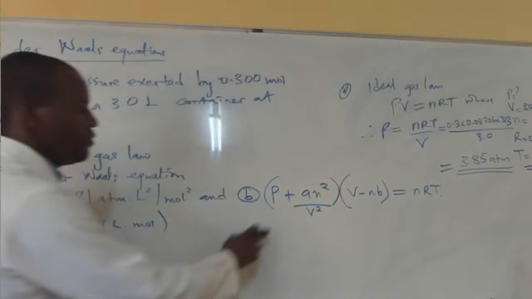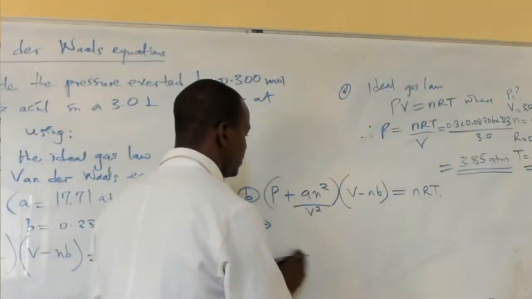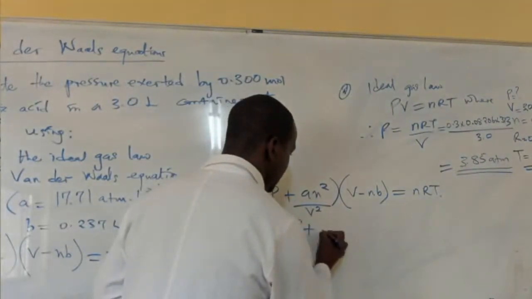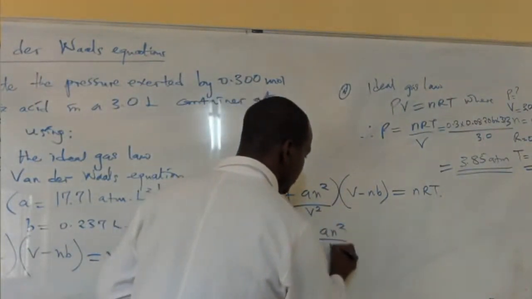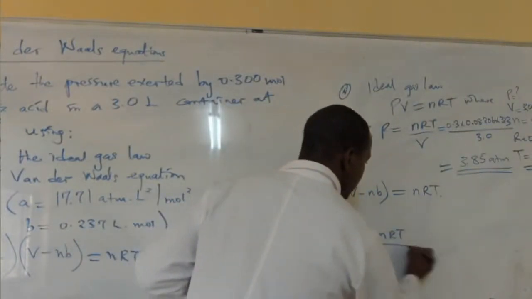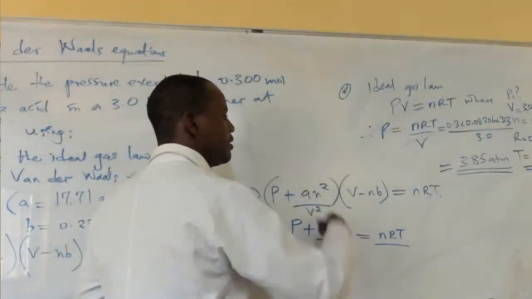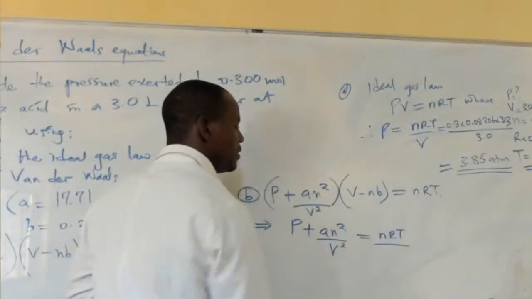if we have to solve for pressure, what we can do is just to simplify this. We are going to say P plus an squared over V squared is equal to nRT divided by V minus nb, taken the other side by dividing both sides.